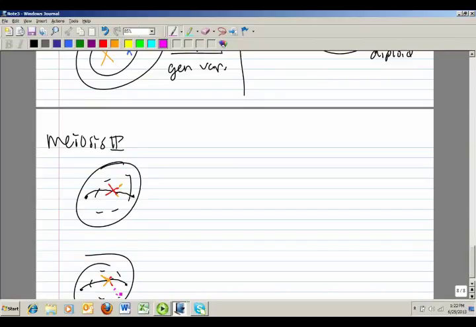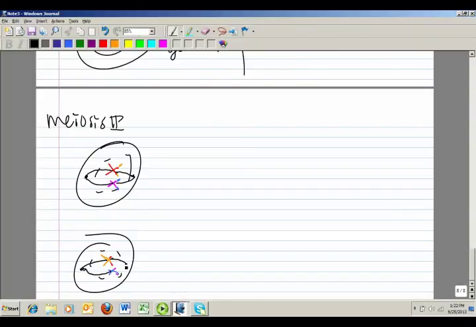We have more spindles. So this is not mitosis, excuse me. This is prophase 2, no crossing over because there are no homologs. Then we've gotten to metaphase 2, once the nuclear envelope's gone and they're lined up.